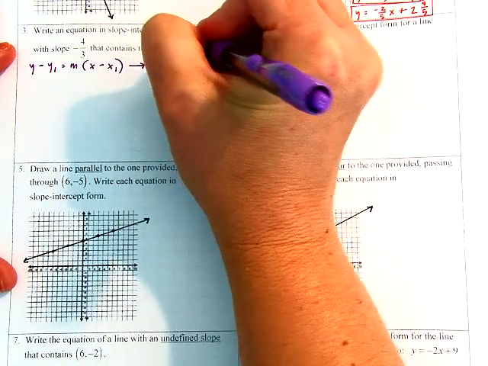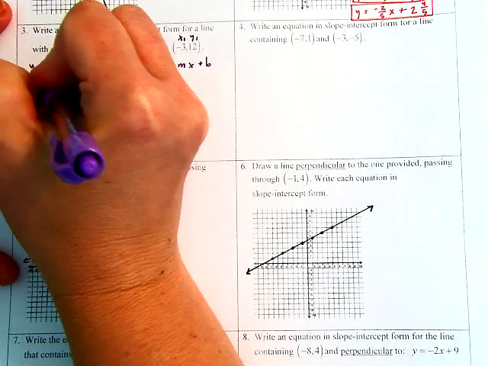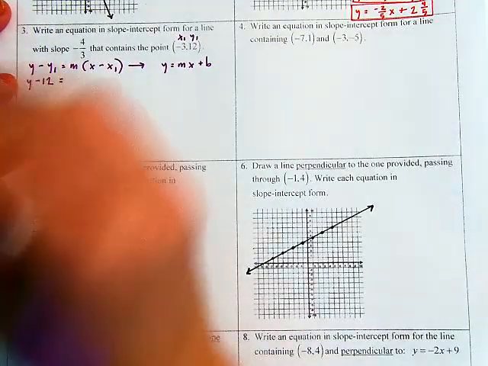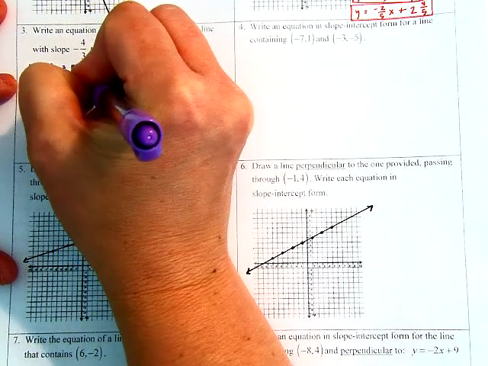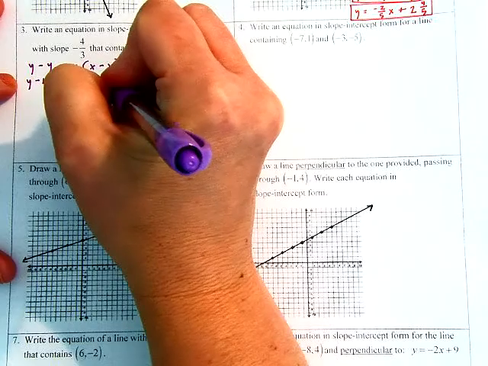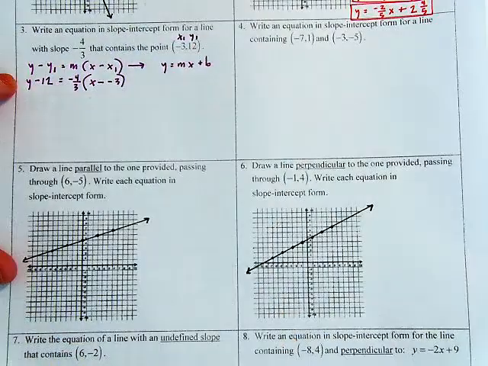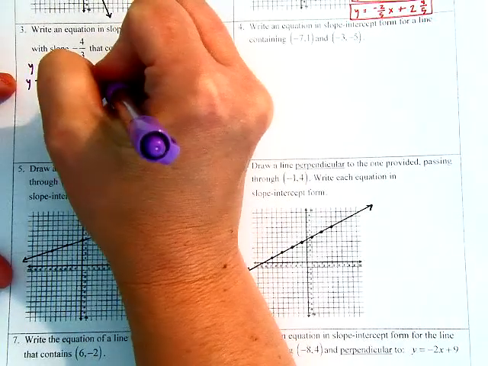That's the x1, y1. So when I plug in, I have y minus 12 equals my slope, negative 4/3, times x minus, my point here is negative 3. So negative 3. Again, when I'm subtracting a negative, it goes to a positive, so plus right there.